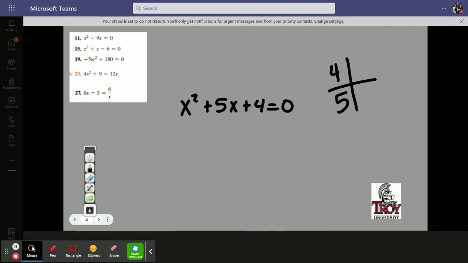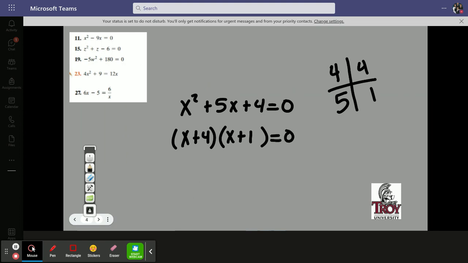Four and 1. 4 times 1 is 4. 4 plus 1 is 5. So C is positive, right? And B is positive. So I'm going to have x plus 4 times x plus 1.